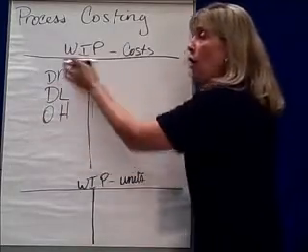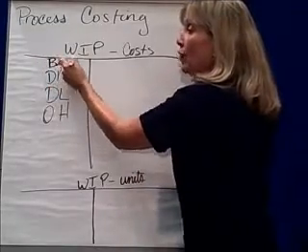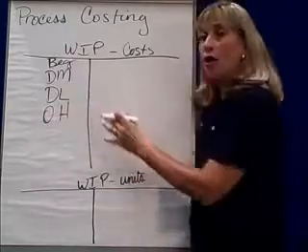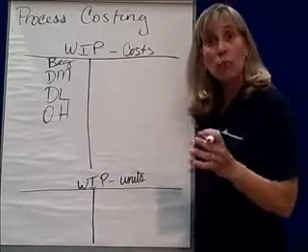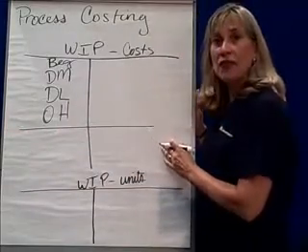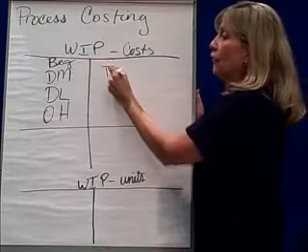So these are our costs, and we might have some costs associated with the beginning inventory, right? So this is all the costs that the manager is accountable for, and the manager then has to figure out how much of those costs were transferred out.